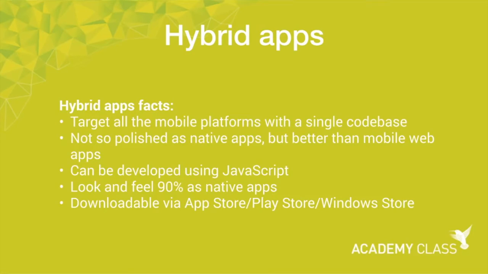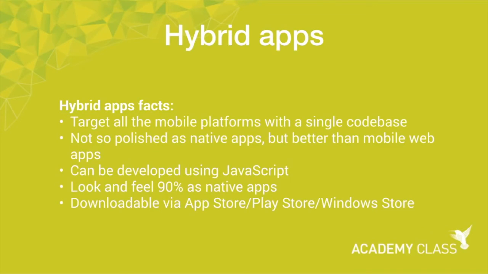In my opinion, they look and feel 90% as good as native apps. That means the animations are not as good as they would look on a native app. But the difference is so small that they can look really good, and they are downloadable the same way, through the App Store, Play Store, and Windows Store.